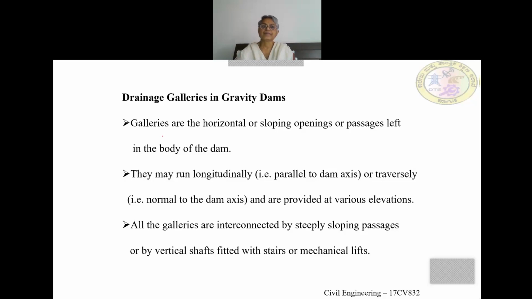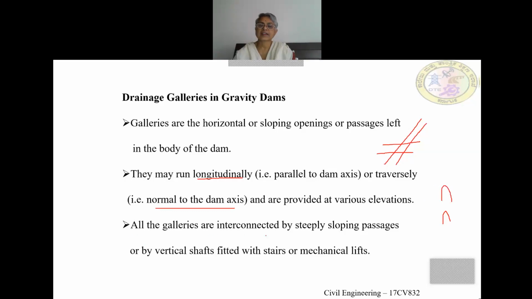They may run longitudinally along the dam axis, as I showed, or they can be in the other direction also, perpendicular, normal to the dam axis, and they are provided at various elevations. It need not be one here. There can be another drainage gallery at a different elevation.